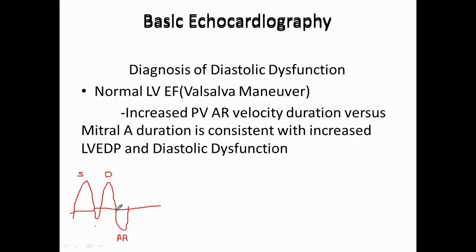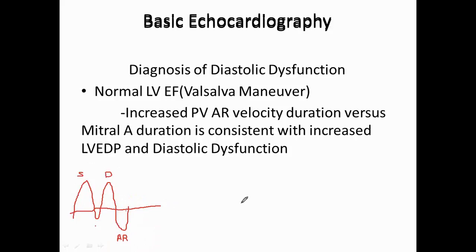And that is why you have this atrial flow reversal in the pulmonary vein. It's going to have a velocity associated with it, and it's going to have a duration. Duration is the time that you have this atrial flow reversal. So this is the duration.